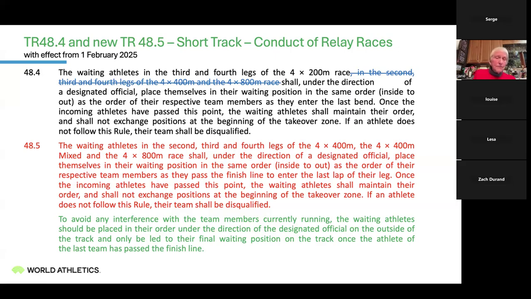So this gives us a little more time. It provides the finish line, or the starters' assistants, who are usually the ones in charge of putting them out on the track, a better view and way more time to get them organized before they have to go out. So it's a safety thing as well.